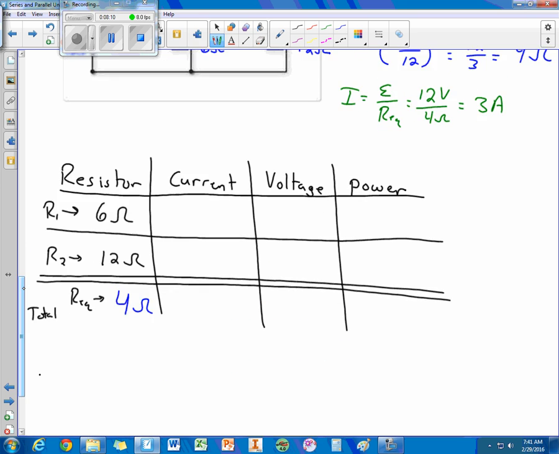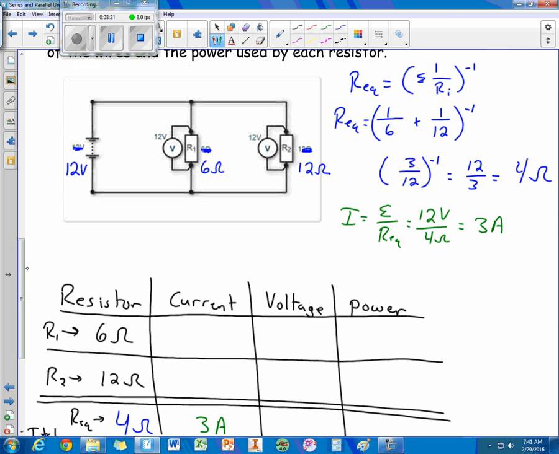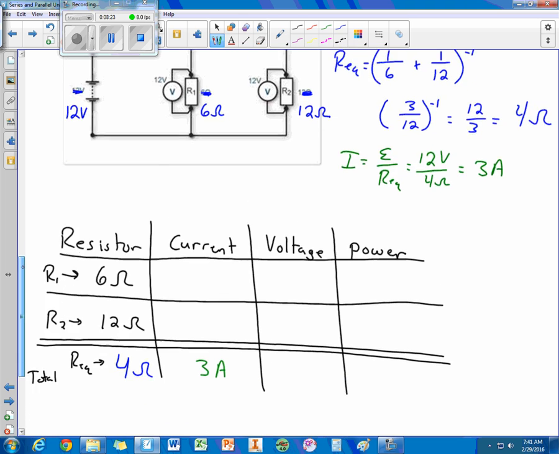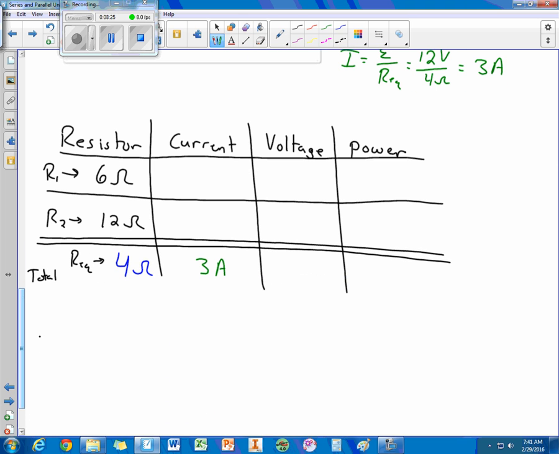So it's going to go down here. This time I cannot say that every current is 3 amps. However, what I can say is that the voltage of my power supply is 12 volts. What I can say is that the voltage drop across each resistor would be 12 volts.